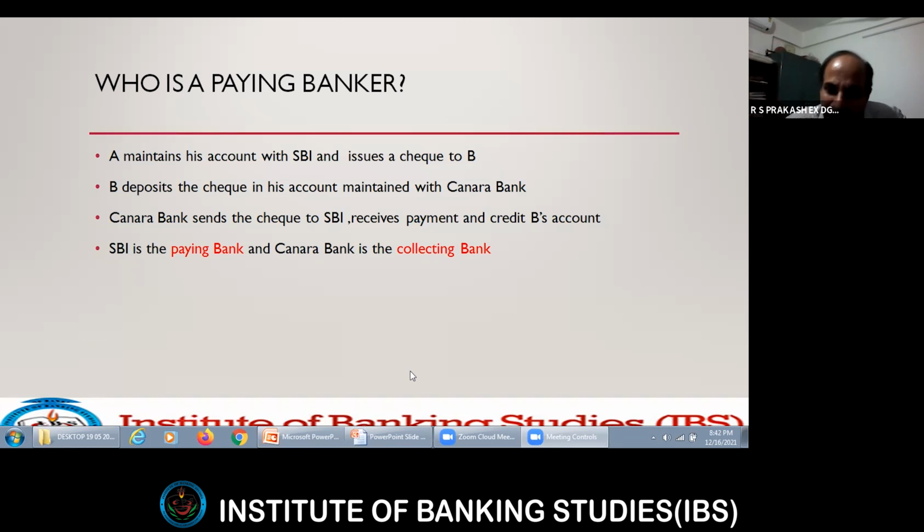For a bearer check, endorsement is not required, strictly speaking, because I am fully protected by paying the check's proceeds to anybody who has presented the check to me, subject to the condition that it is otherwise in order. Date is okay, words and figures are okay, signature of the drawer is tallying, everything. The paying bank gets protection if it pays and the check is found otherwise in order.